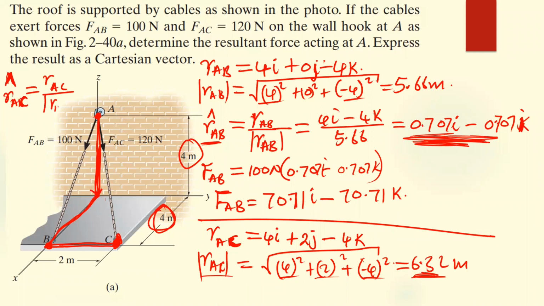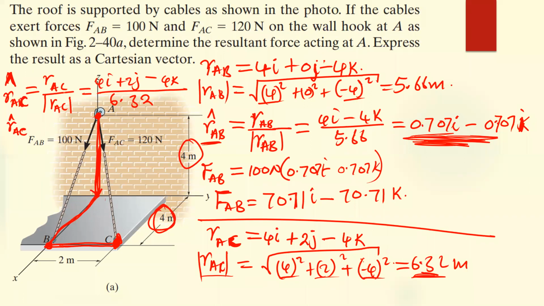The magnitude of AC has been found. So we divide 4i plus 2j minus 4k by 6.32.